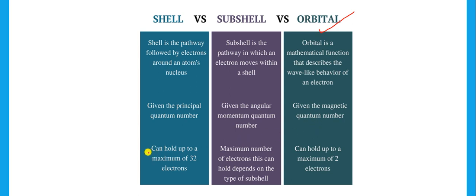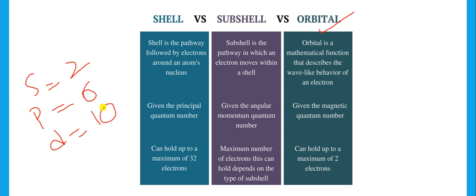Okay, a shell can hold up to a maximum of 32 electrons, and the maximum number of electrons a subshell can hold depends on its type, because the S subshell can hold 2 electrons, the P subshell can hold 6 electrons, the D subshell can hold 10 electrons, and F can have 14 electrons.